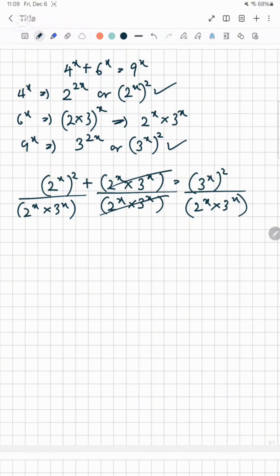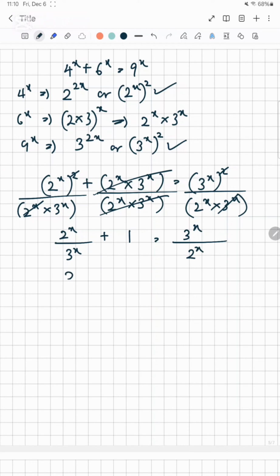Now I can cancel out these two. So you just get 1 plus, and I can cancel out 2 to the power x over here. So 2 to the power x over 3 to the power x equals 3 to the power x, canceling out 3 to the power x over 2 to the power x.